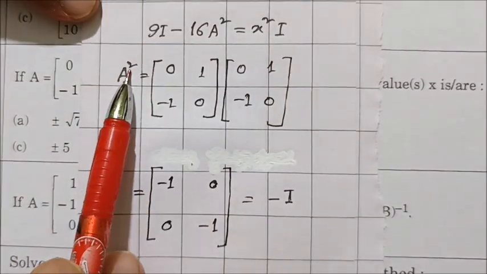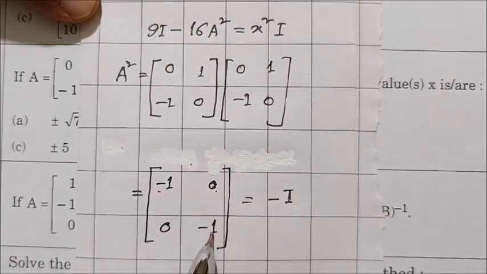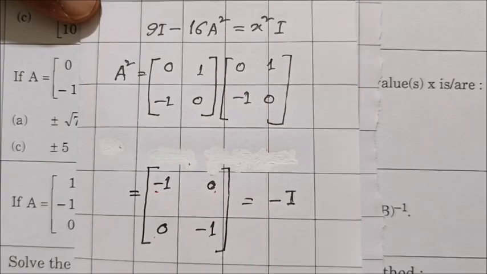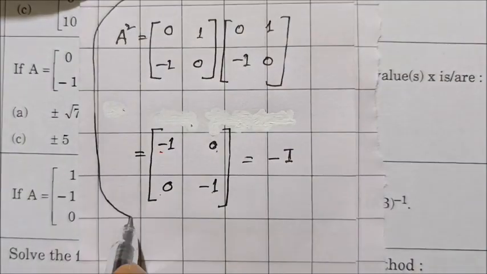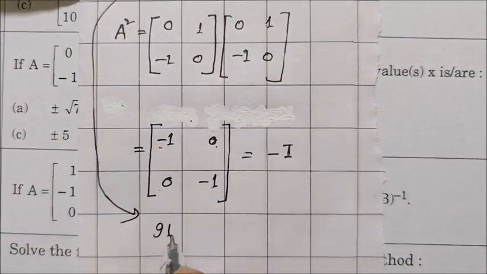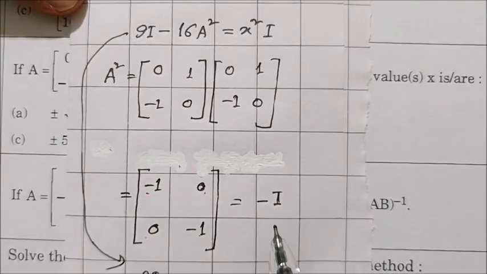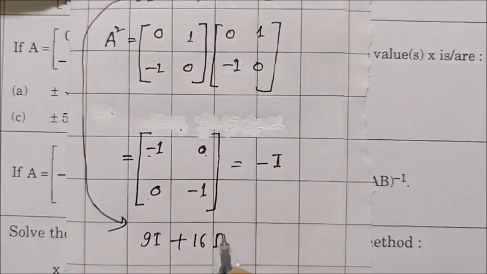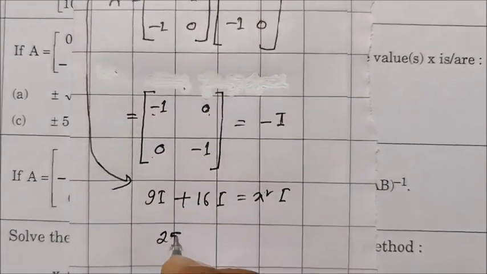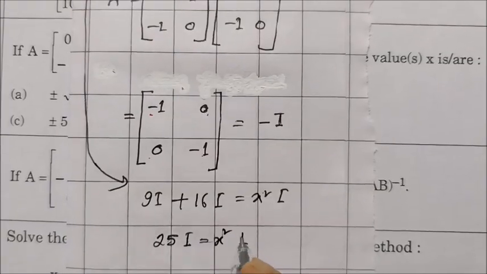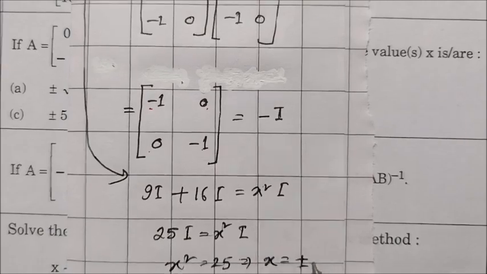Now what is the value of A square? A square is coming out to be minus 1, 0 and 0 minus 1, which is the negative of the identity matrix I. That means in this equation, I can write 9I minus 16 times A square, and the value of A square is minus I, so it will be plus 16I equal to x square I. So 9 plus 16, 25I equals x square I. So x square equals 25, so x will be equal to plus minus 5.